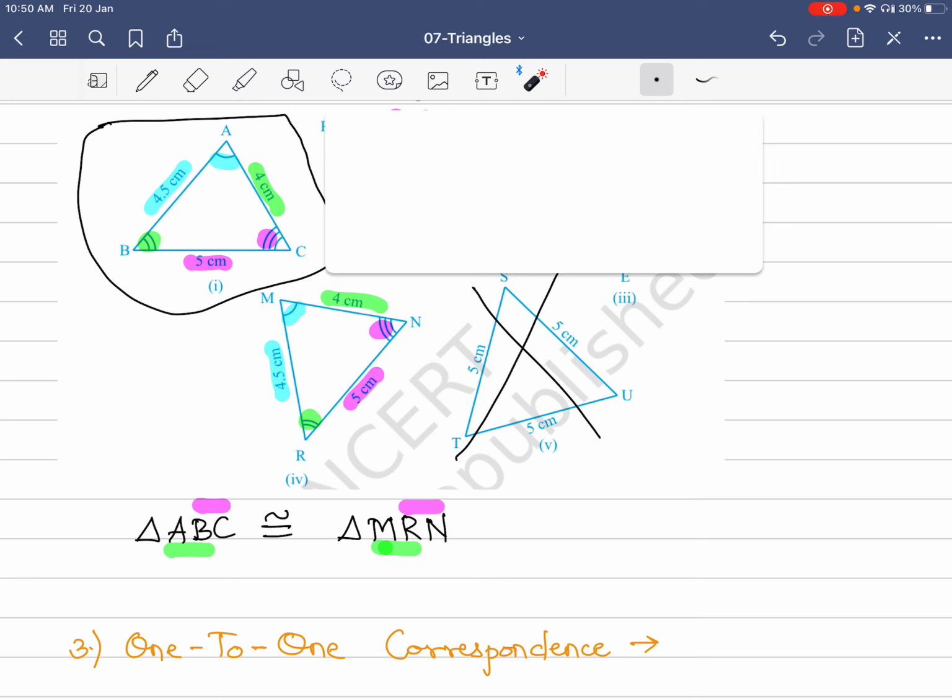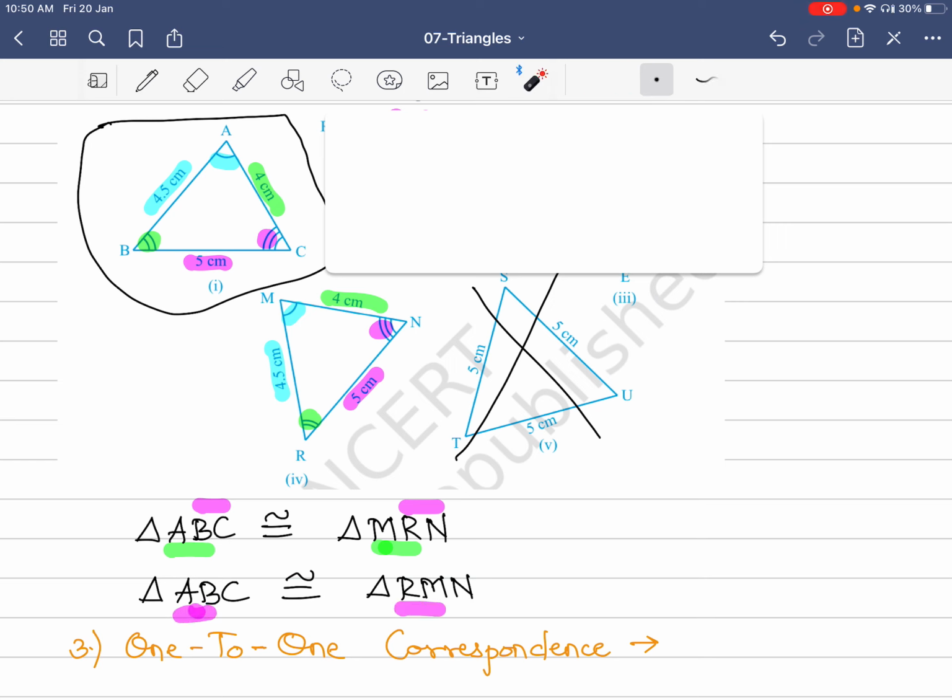If you say triangle ABC is congruent to triangle RMN, exactly what I wrote sometime before, note that not only the angles get messed up, but the sides also get messed up. If you give this notation, it actually means that AB is congruent to RM.